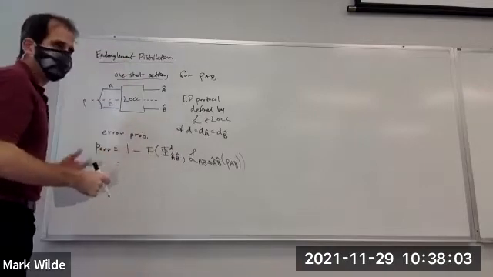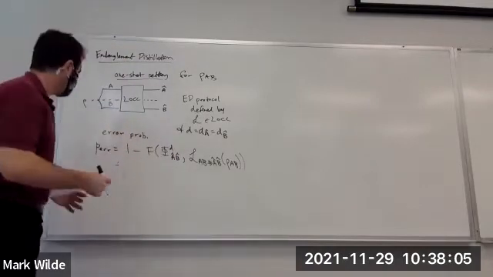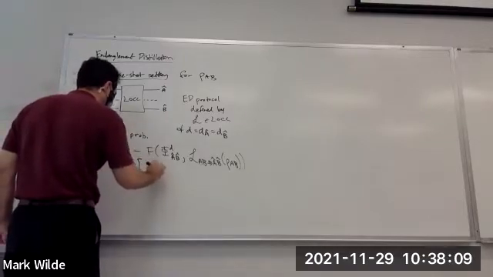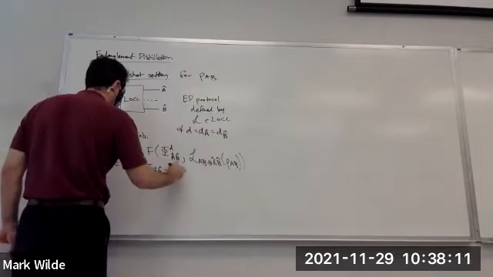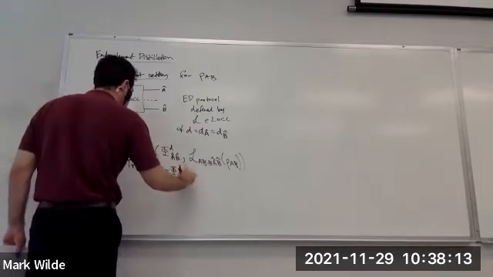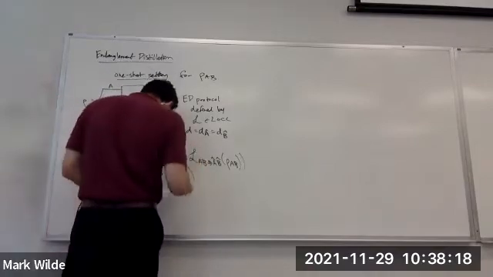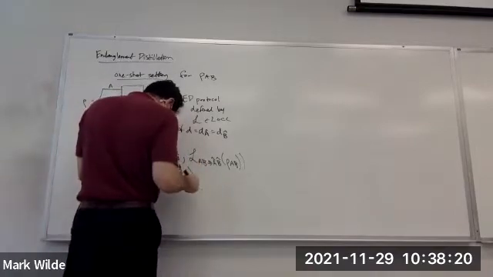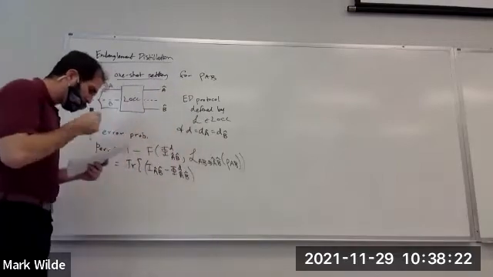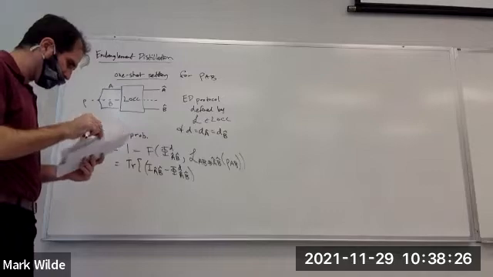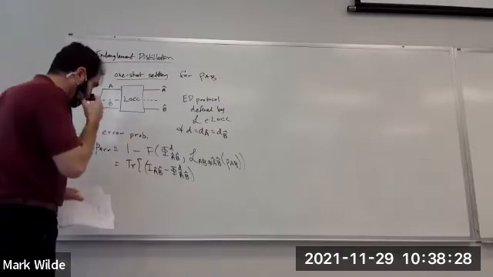Then 1 minus that is the probability it will fail the entanglement test. Throughout, we call this final state omega.